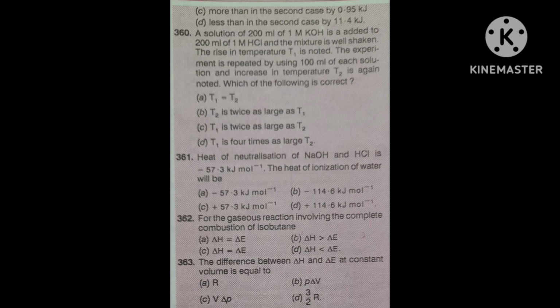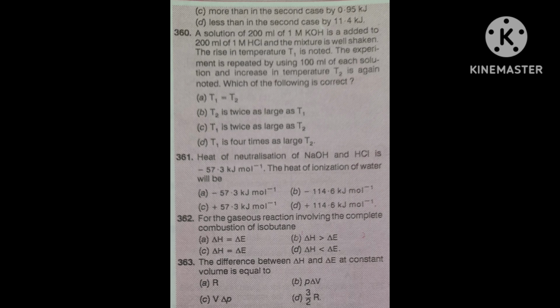Correct? Then 400 total volume into temperature. How much temperature was noted? Then T1. Then heat evolved in the first case is equal to 400 into T1. Correct? Meaning per ml you have to consider neutralization.